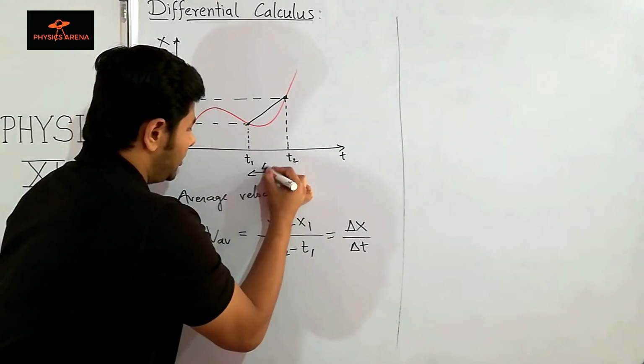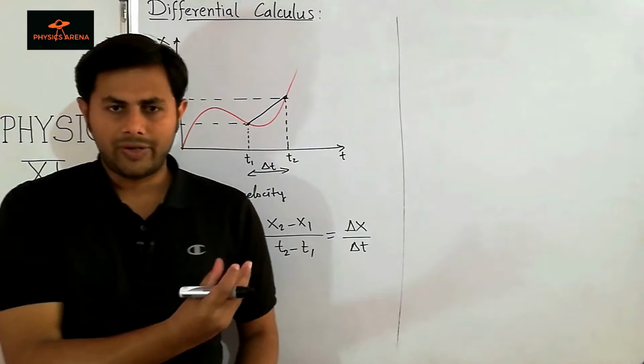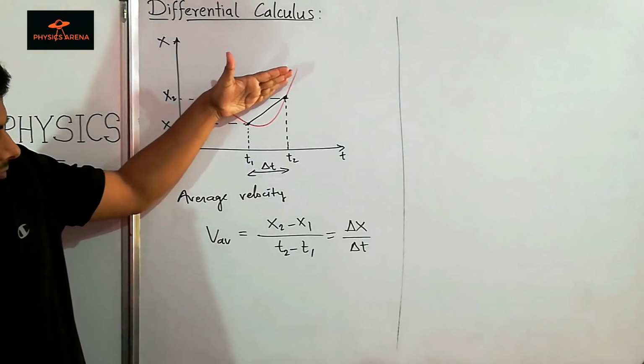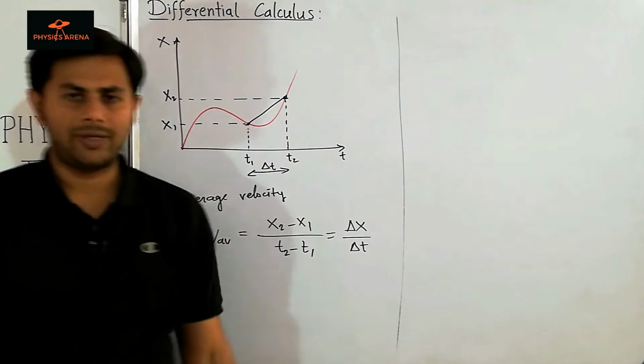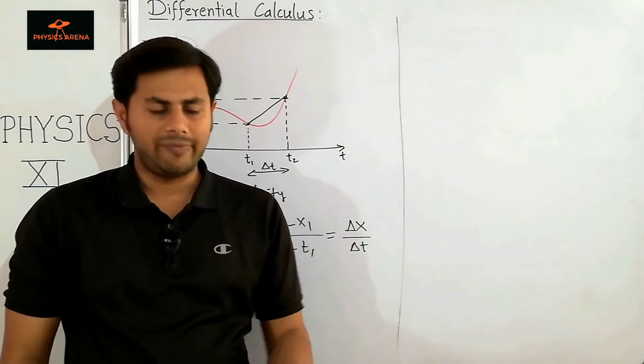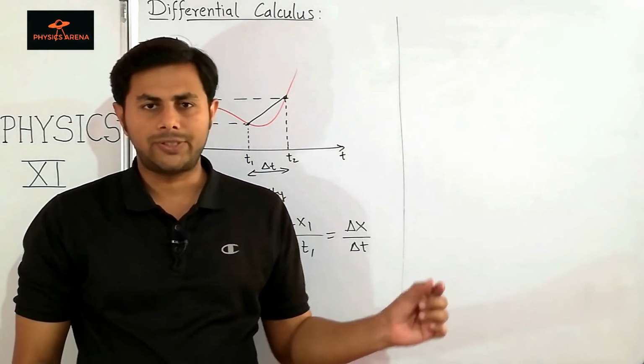Now if we make this time interval delta t very small, we know that this line will approach closer and closer to the curve, and the line will become tangential if we make that time interval almost 0.